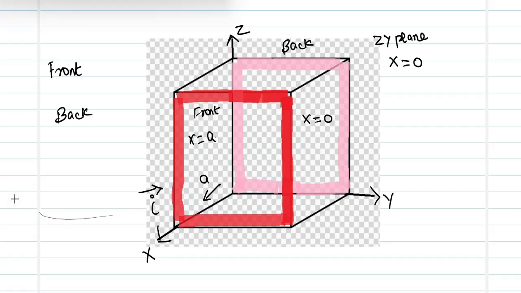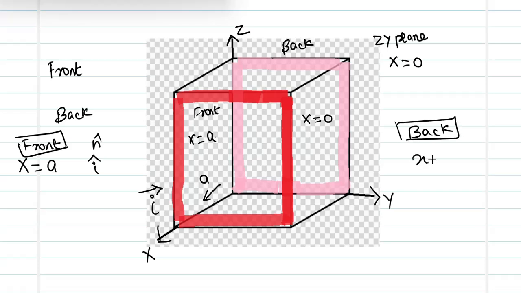Hence, for the face x equal to a, which is going to be in front, the unit outward drawn normal vector, or n cap, will be equal to i vector. And for the front you have x equal to a, for the back we have x equal to 0.